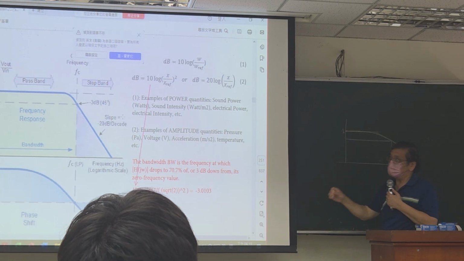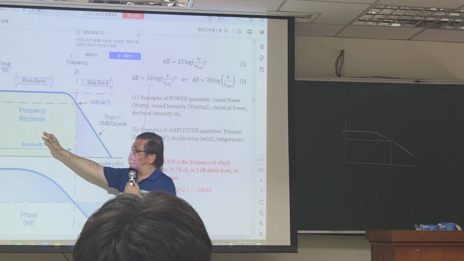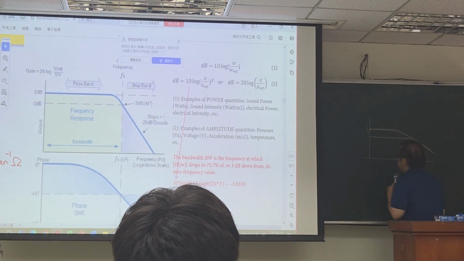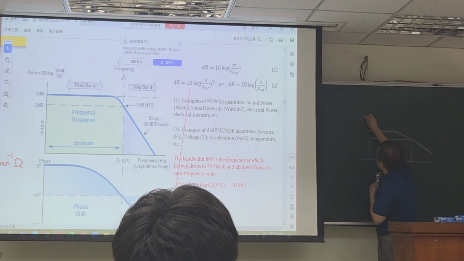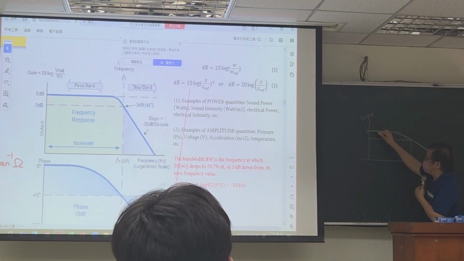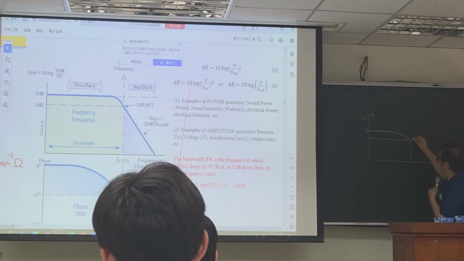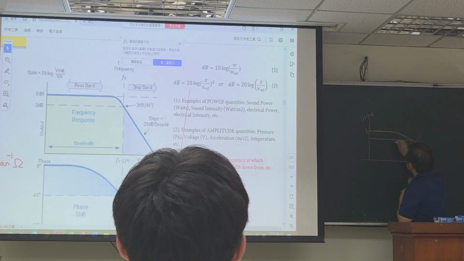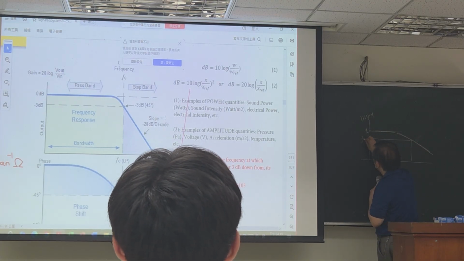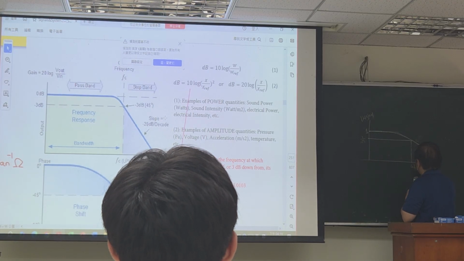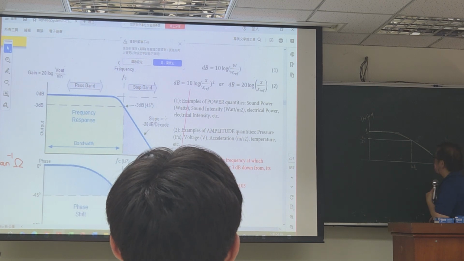okay, forget about dB. Let's use the magnitude directly. Suppose we don't use the dB. If we use the magnitude directly, initially it's 1, and then up to a certain point this becomes 1 over the square root of 2. Then we call this frequency the omega cutoff, omega c.